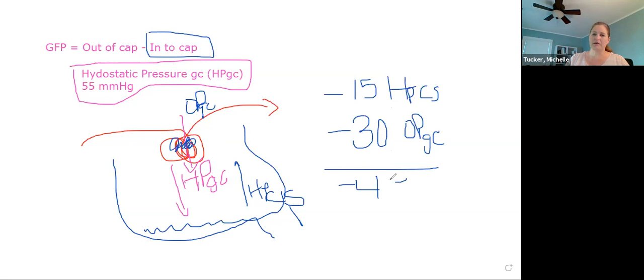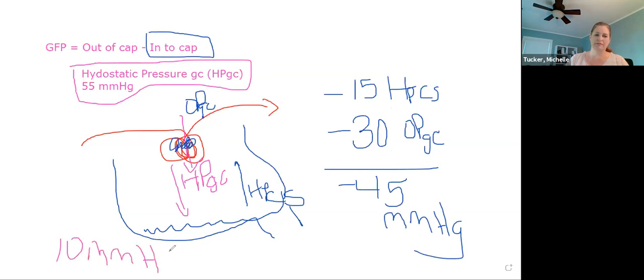The forces opposing filtrate formation come to a negative 45. So that means that the driving pressure is going to be 10 millimeters of mercury.